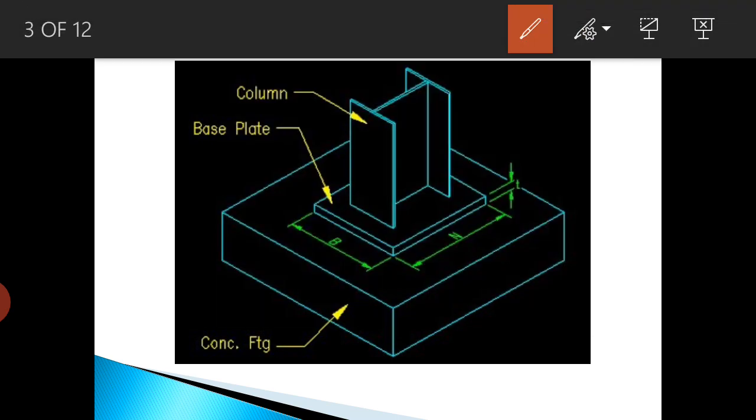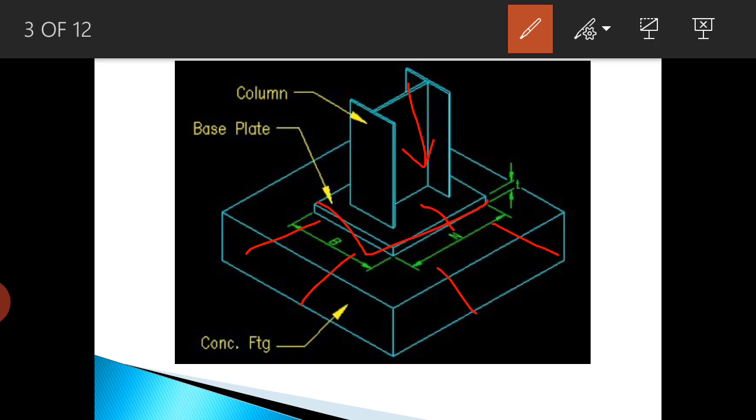You can see here a small sketch of the column base. This is a plate provided, and over that plate a column is resting, and the load is transferred to the pedestal or the concrete footing.